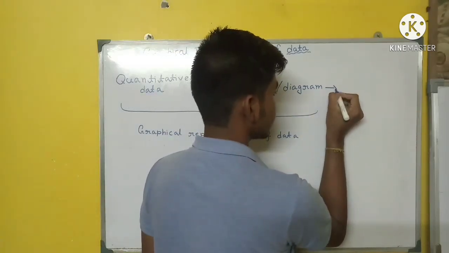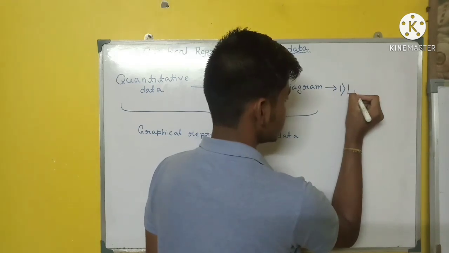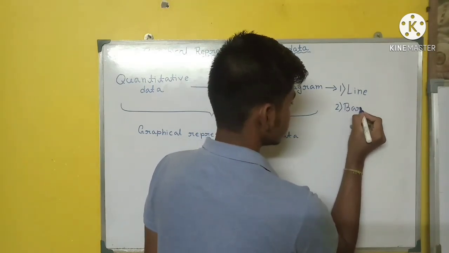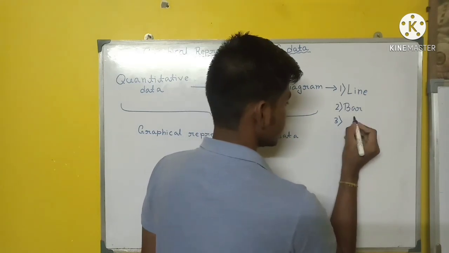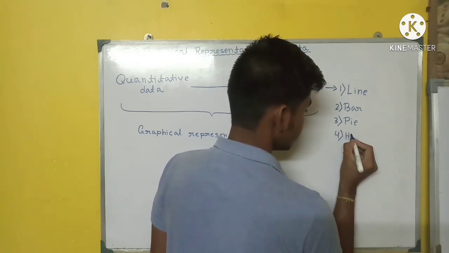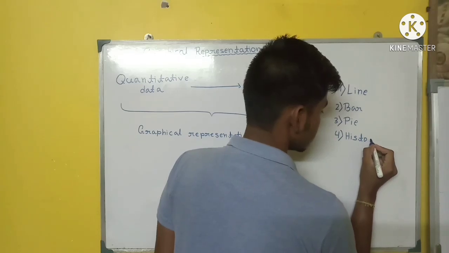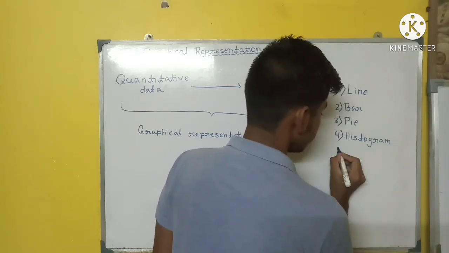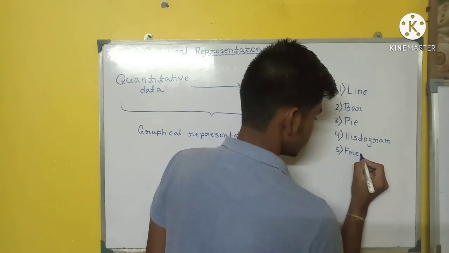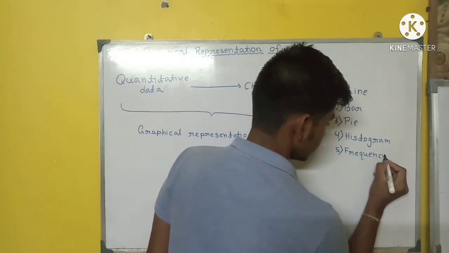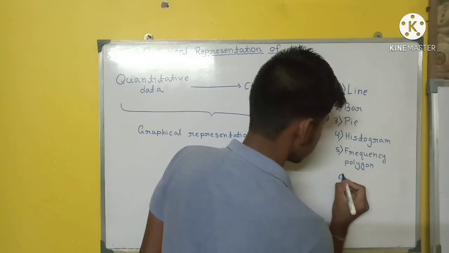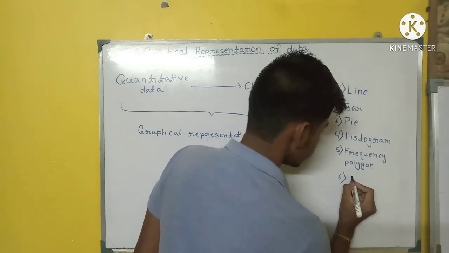So the charts are, the first chart is line chart, the second chart is bar chart, the third chart is actually pie chart, fourth chart is histogram, fifth chart is frequency polygon, and the sixth chart is ogive.